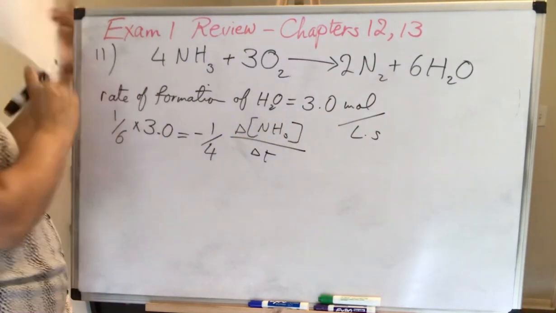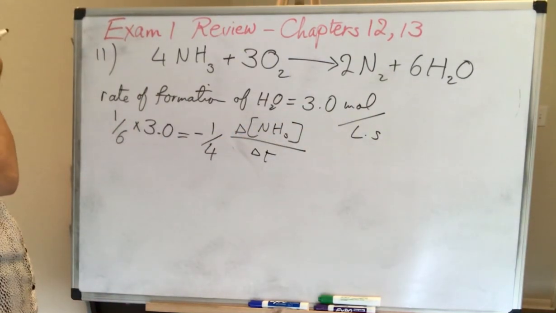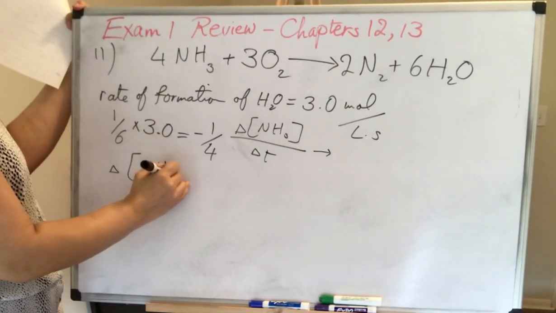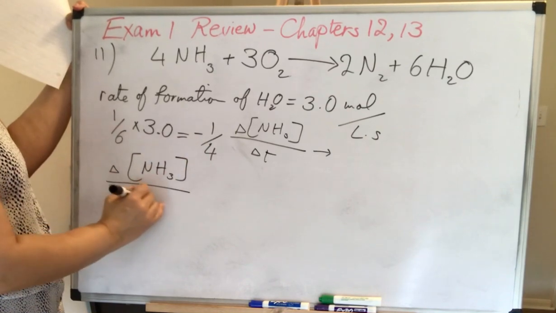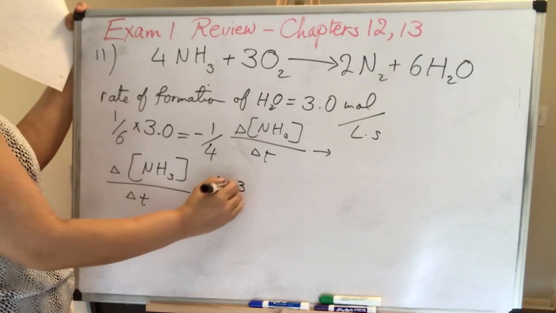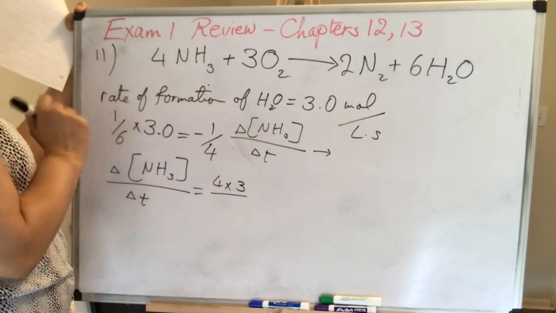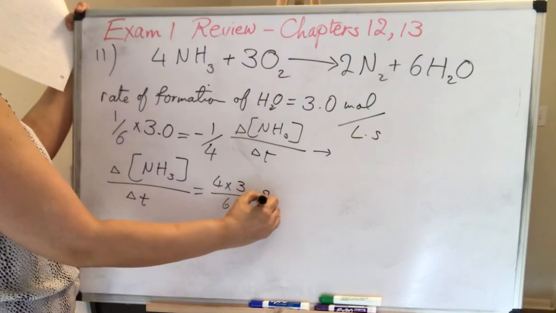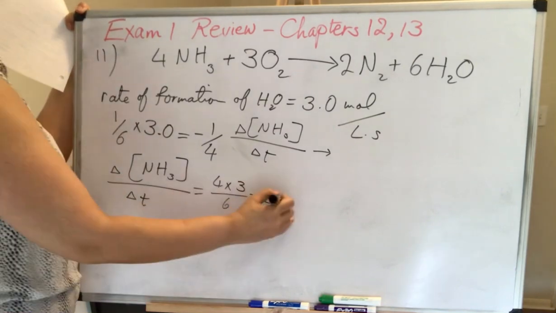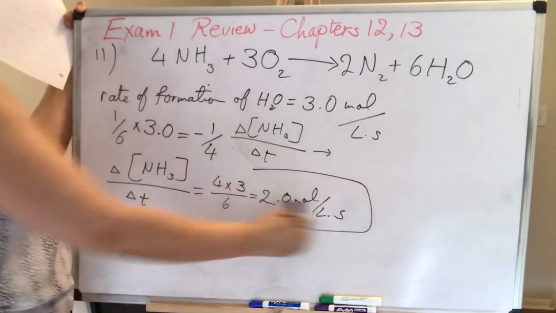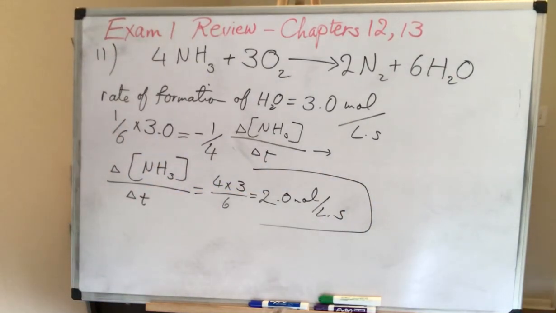So if you want to find the delta NH3 over delta T, you just multiply 4 times 3 divided by 6, which is 2. So it would be 2 moles per liter second. So you see A is correct. You can do the same thing for the rest of the components involved in this reaction.